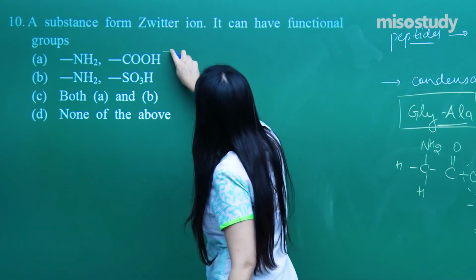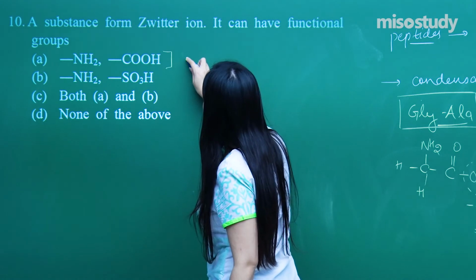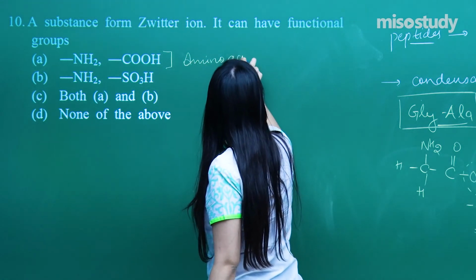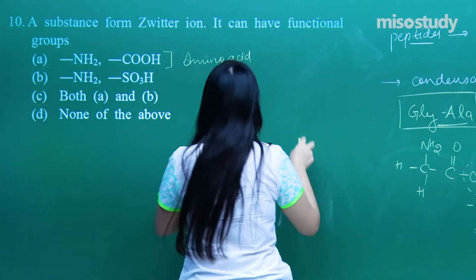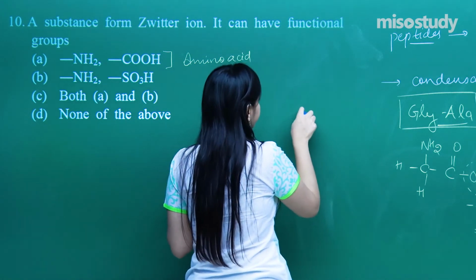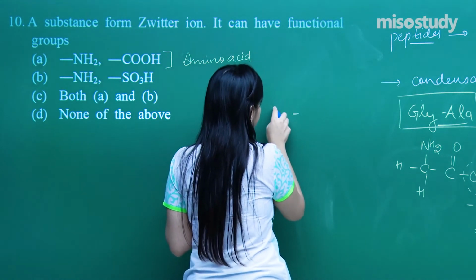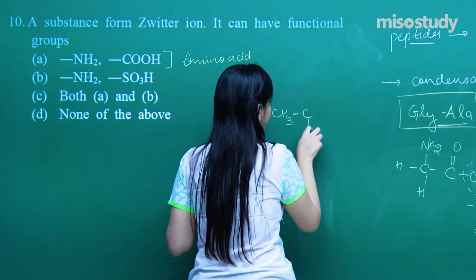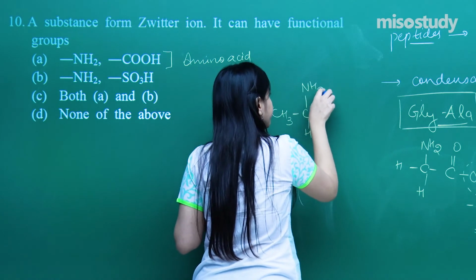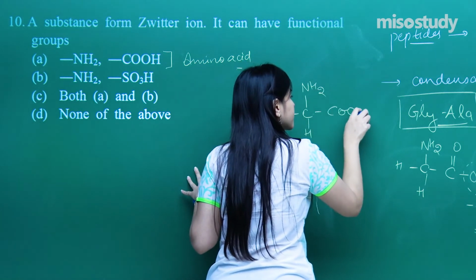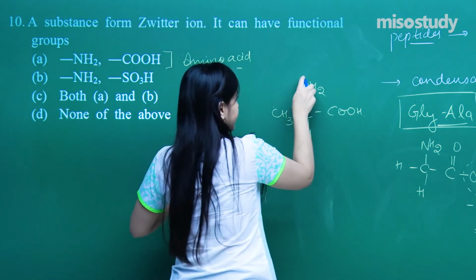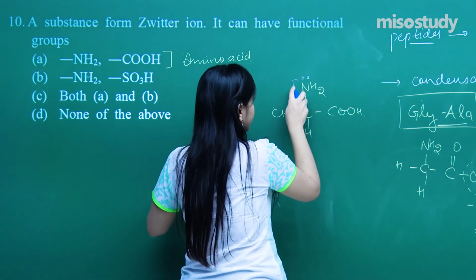So if I take up this very case, this is nothing but depicting the amino acid. So let us just try to make this Zwitter ion here. If I take up alanine, COOH. So what happens is, this is a base, it has got electrons to donate.